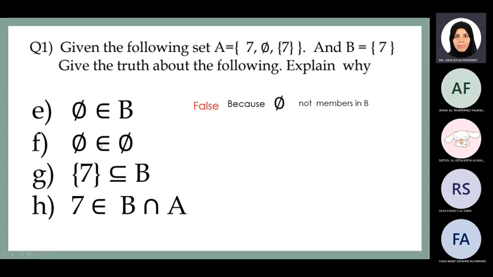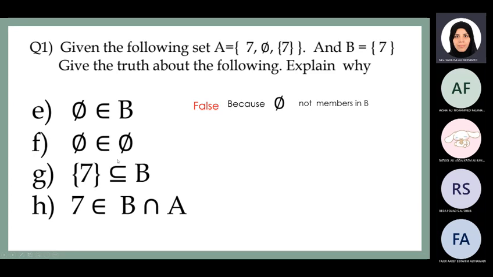F, phi belong to phi. What do you think? Phi belong to phi? Again, belong to means I go and look at this set, phi, and see if phi is listed inside it.